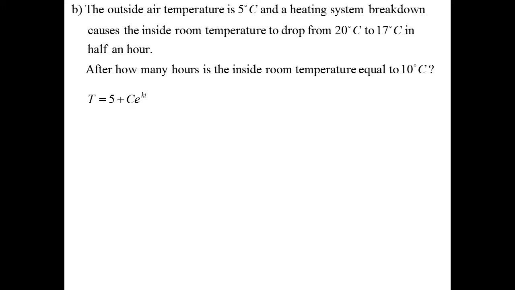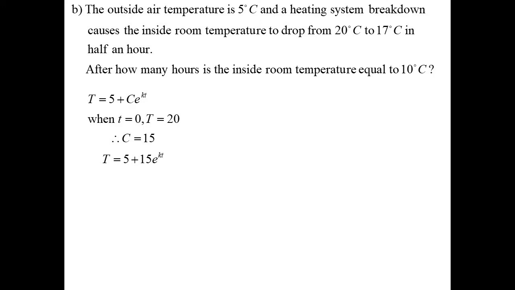Remember, 5 is where we've raised the asymptote to, the outside air temperature, which we said was 5 degrees. Now, when t equals 0, the temperature is 20, so that means capital C is 15. Again, we said those two constants would add together to give the initial temperature. So we end up with 5 plus 15e^(kt).